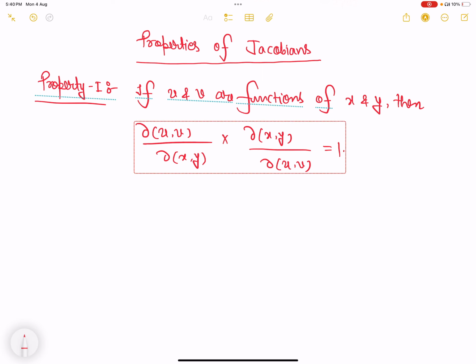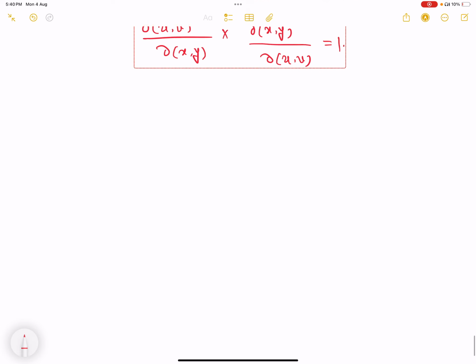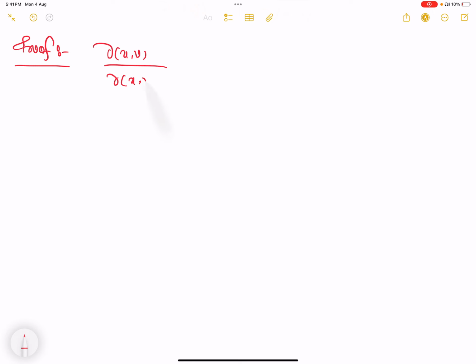So let's prove it. How will it be proved? Proof: del(u, v) upon del(x, y) into del(x, y) upon del(u, v). What is this actually?